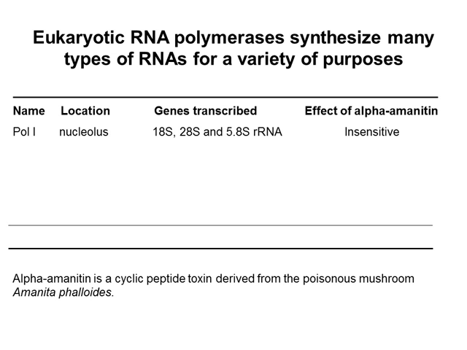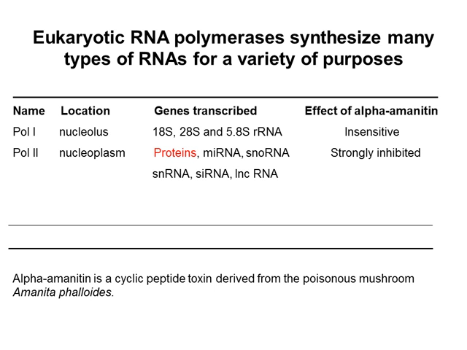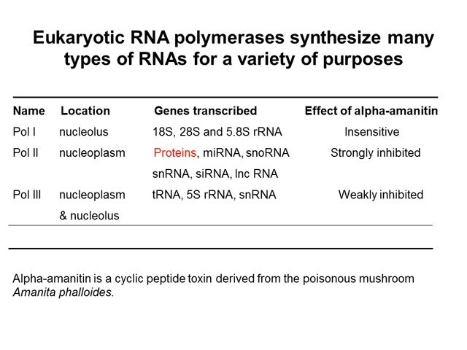Scientifically, it's important because it helps us discriminate between these different polymerases. And Pol 2, which makes messenger RNA leading to proteins, is strongly inhibited. So it's a transcriptional inhibitor that has been used experimentally to define what these polymerases do. And then Pol 3 is only weakly inhibited by this particular inhibitor. And as I said, it makes a different set of RNAs.